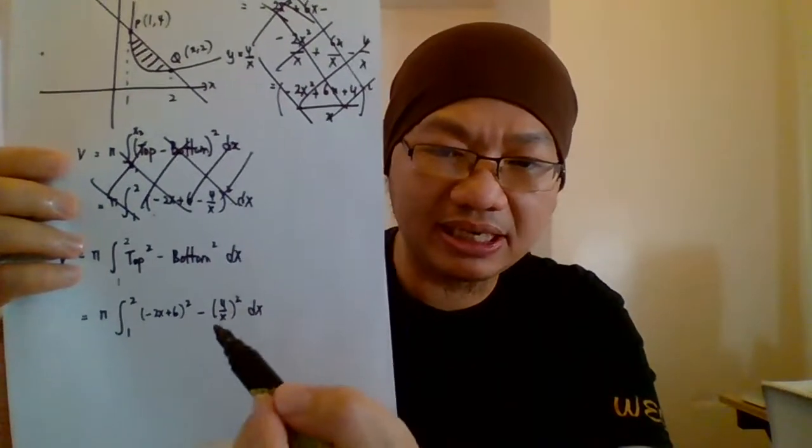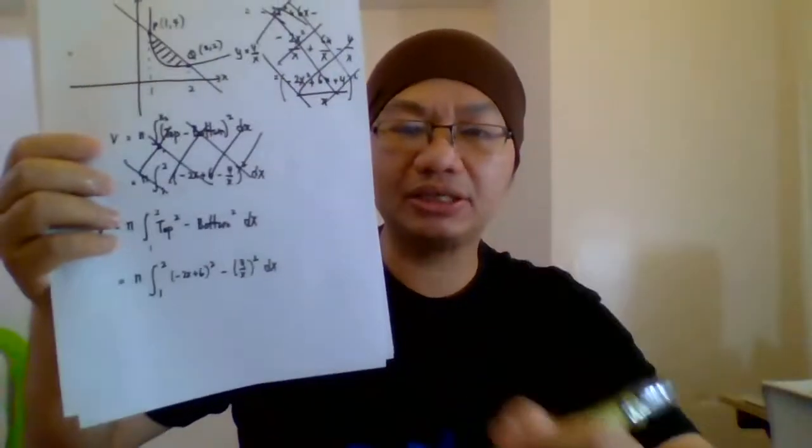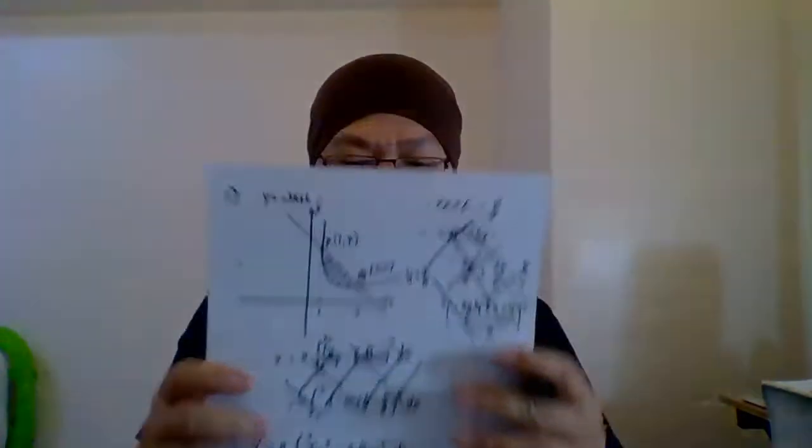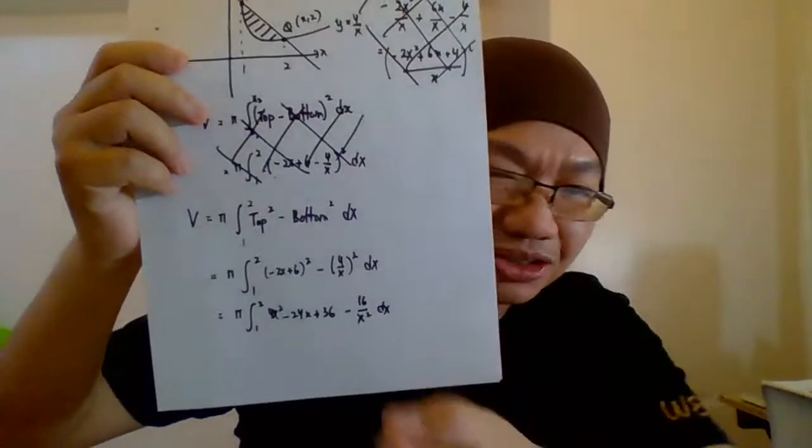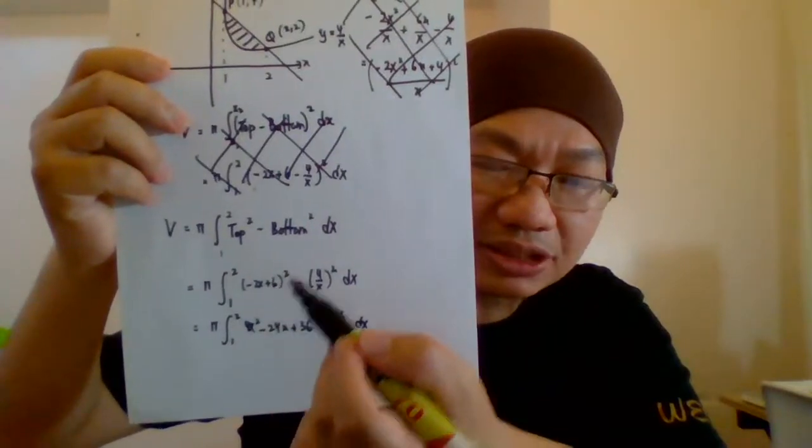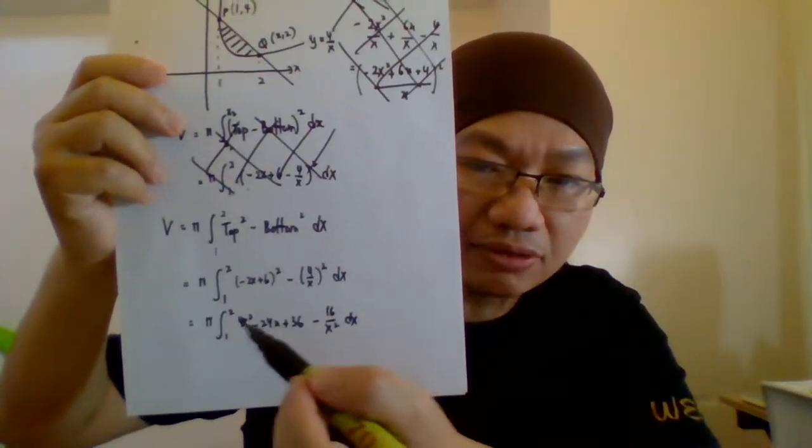So expand this, then we start the normal integration. You're supposed to get the integral from 1 to 2 of 4x squared minus 24x plus 36 minus 16 over x squared, dx. Now it's correct. Negative 2x plus 6 squared gives this equation.